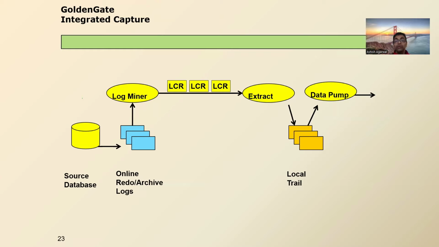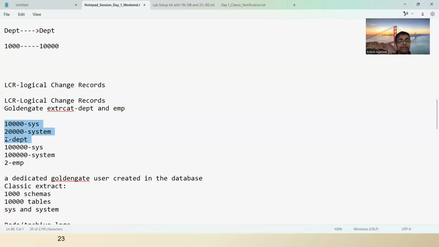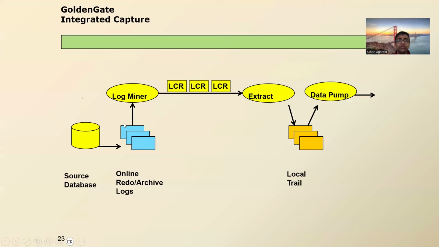So in this scenario, two department transactions and two employee transactions were required by the extract process. LogMiner will pass on just those required changes to the extract process. Hence, integrated extract would be much faster than classic extract.